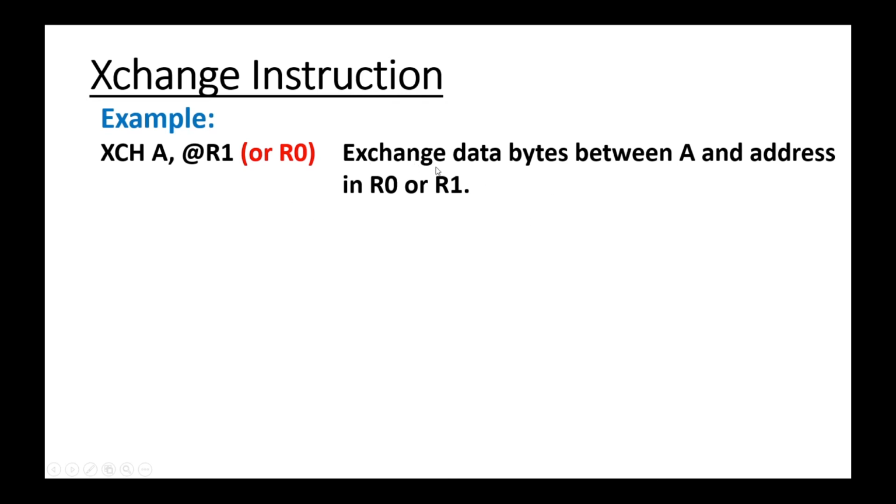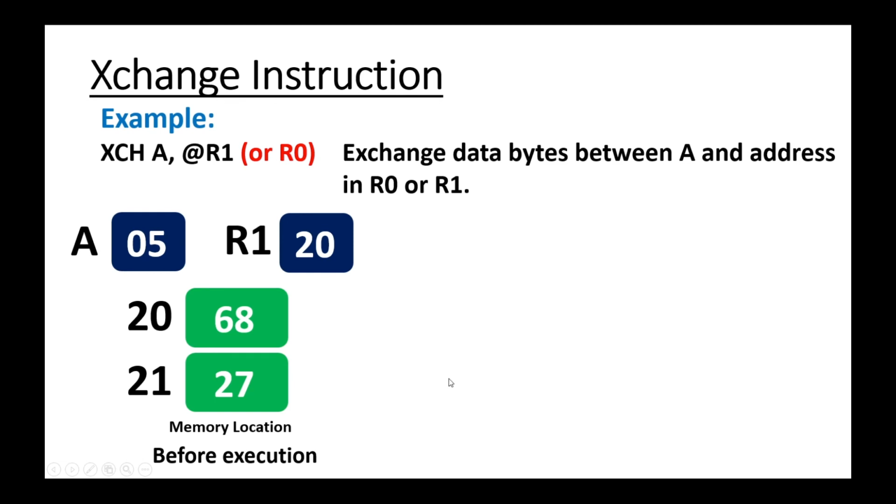In this example, it exchanges the 8-bit data between register A, which is the accumulator, and the data stored at the address provided by R1. For example, A is 05, R1 is having 20 in it, and at the 20H location 68 is stored.